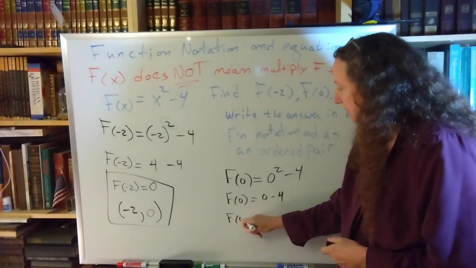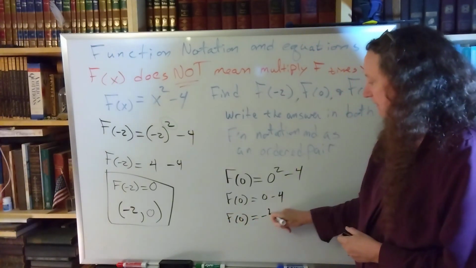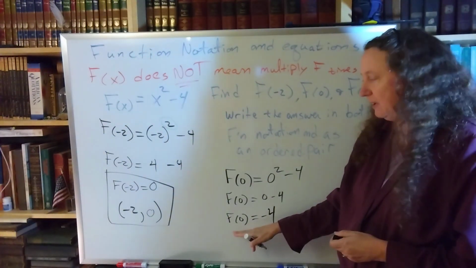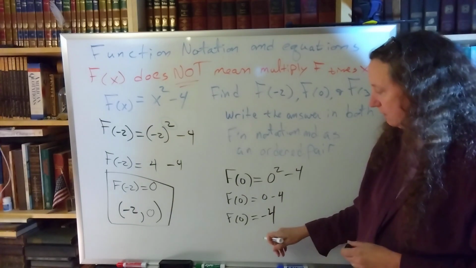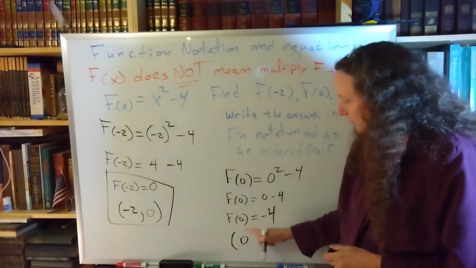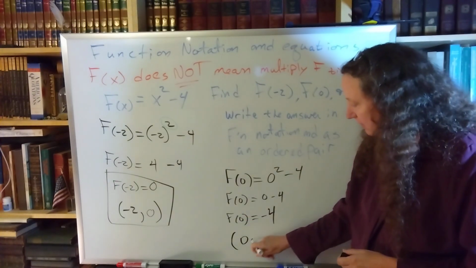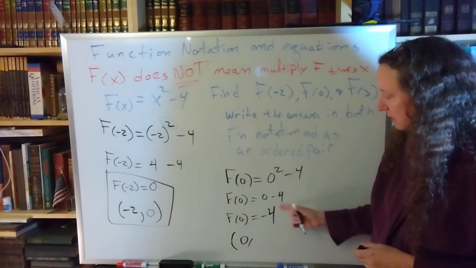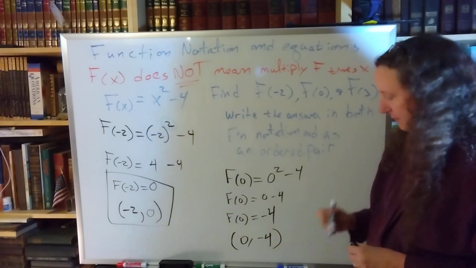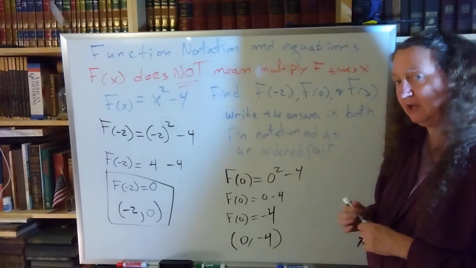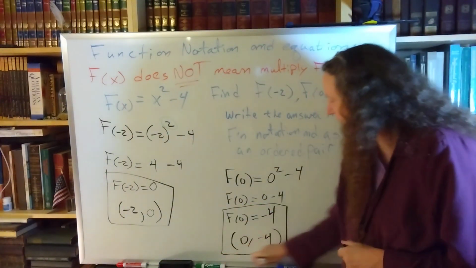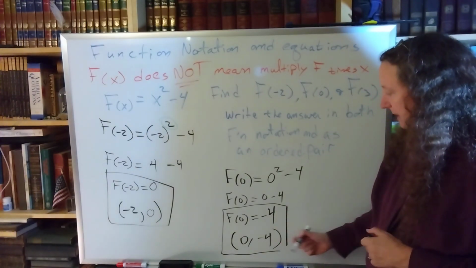F of 0 equals -4. I stop there. I do not divide that 0 over. So my ordered pair, my x is equal to 0, comma, my y is equal to -4. So I have my two parts of my answer right there: the function notation and the ordered pair.